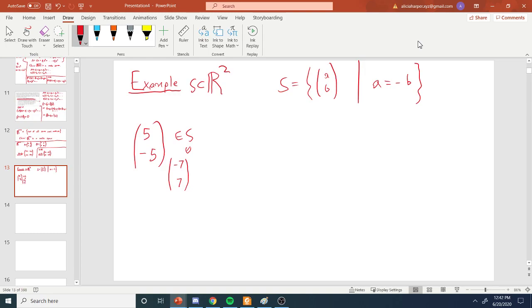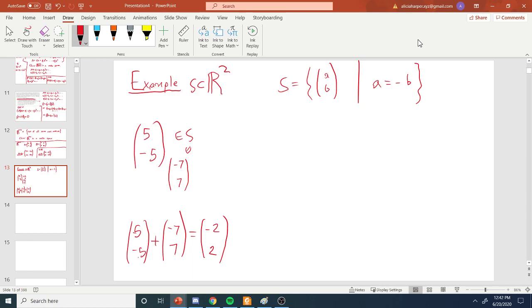And now I want to make the following observation. Say I take these two elements right here and I add them together as vectors: (5, -5) plus (-7, 7). Then what I'm going to get is -2 up here, and 2 down here. But this is a vector that is also in the set.